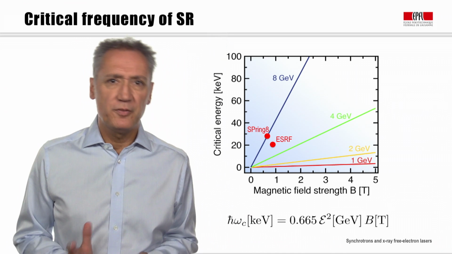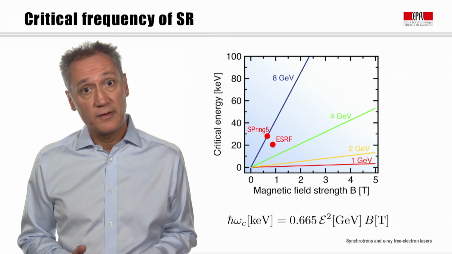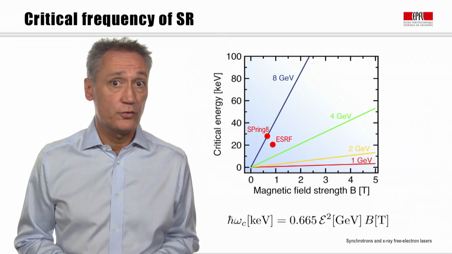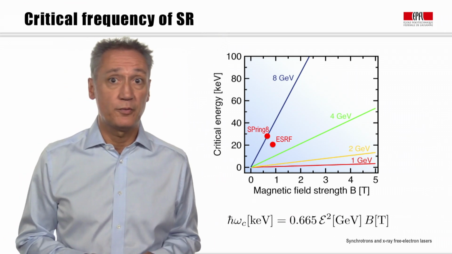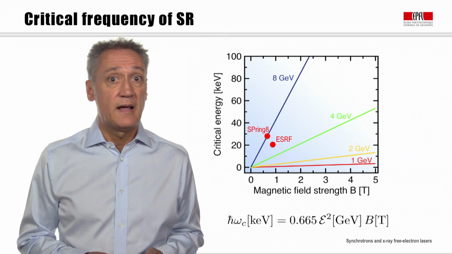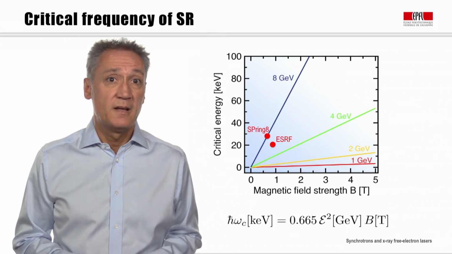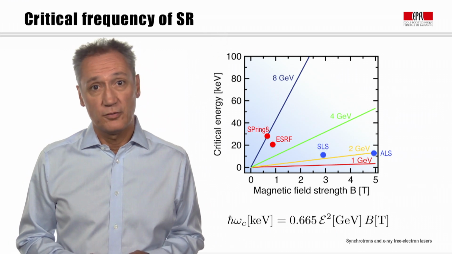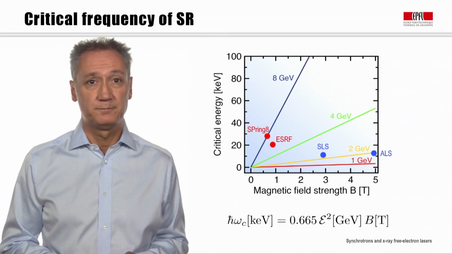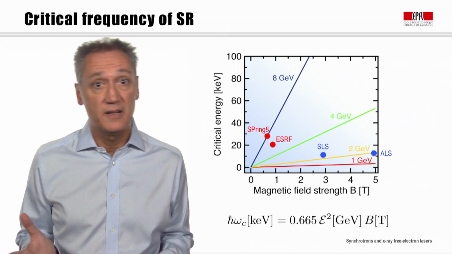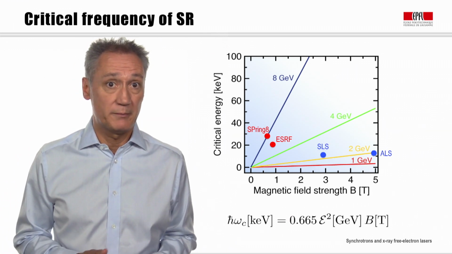In order to compensate for their more modest electron energies in the storage ring, facilities such as the Swiss Light Source, which has a storage ring energy of 2.4 gigaelectron volts, and the Advanced Light Source, 1.9 gigaelectron volts, have installed superbends, shown here as blue dots, in order to access higher photon energies that would otherwise be impossible using normal bending magnets.